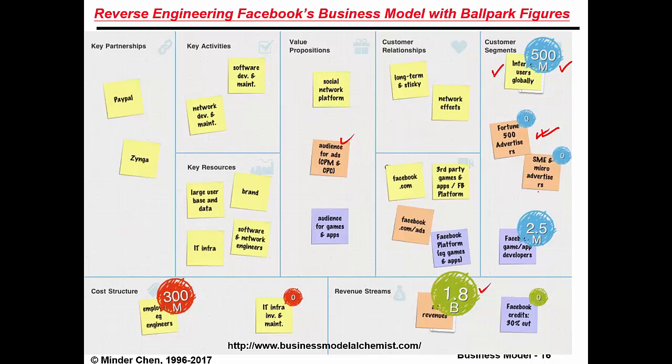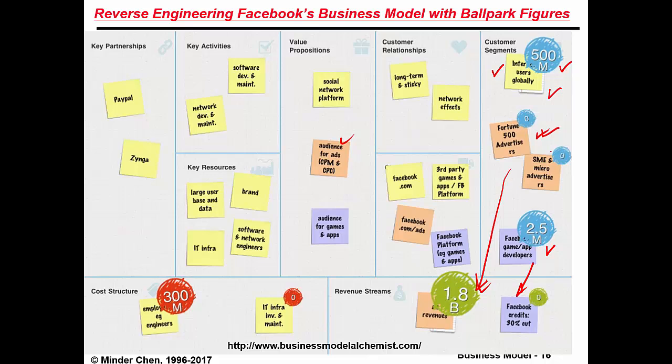They are the ones who actually generate the revenue stream, not the typical Facebook user, who uses Facebook for free. Another customer segment may be the app developer or game developer, like Farmville, who build applications or games on Facebook. They do pay Facebook 30% of their revenue.